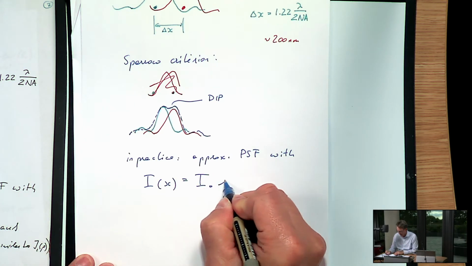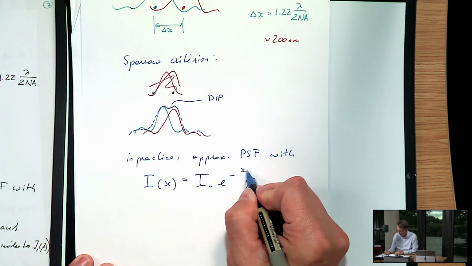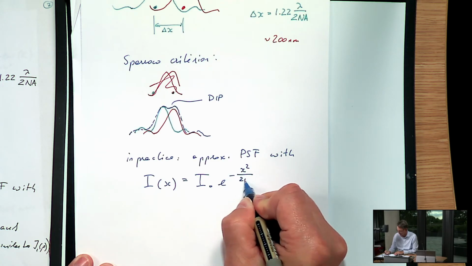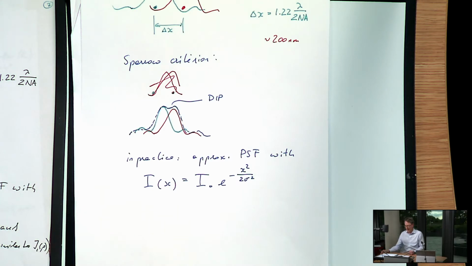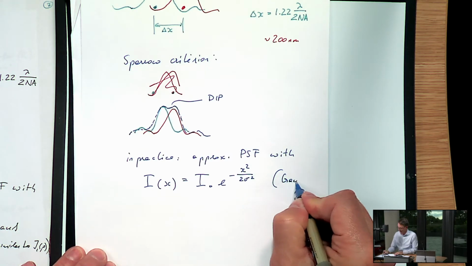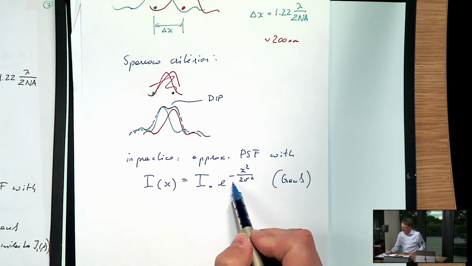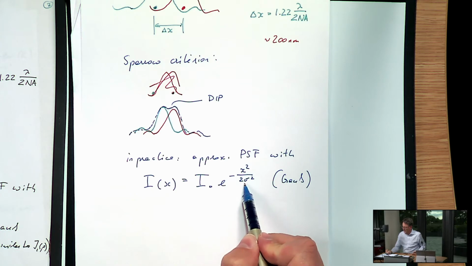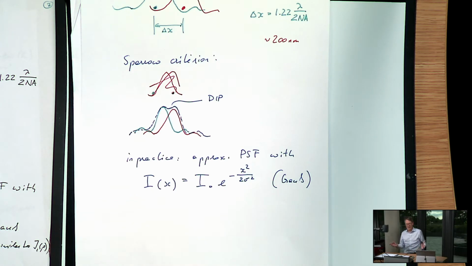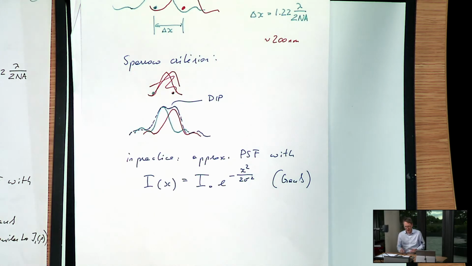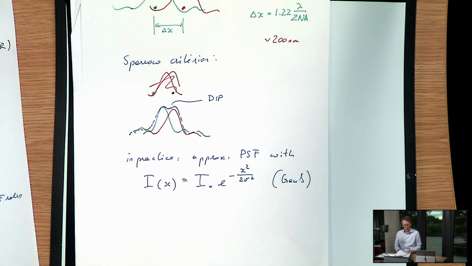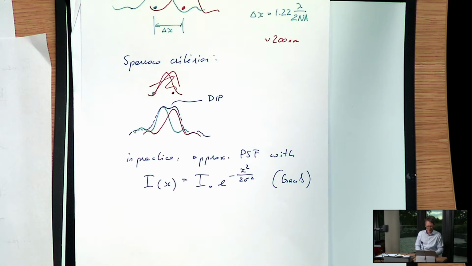So one typically uses, in 1D, but the equivalent is true for the 2D case, a profile along x like e to the minus x squared over 2 sigma squared, where sigma is the PSF width.